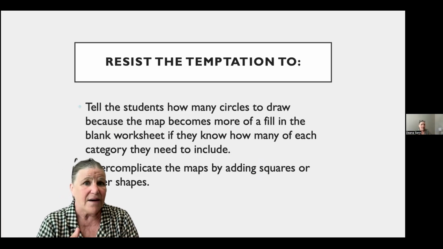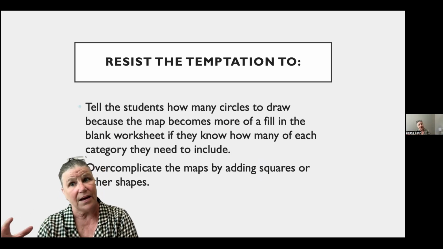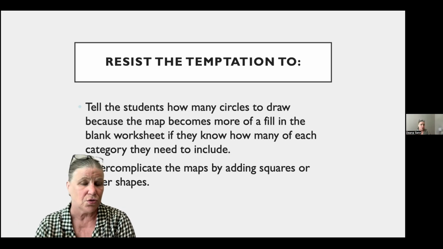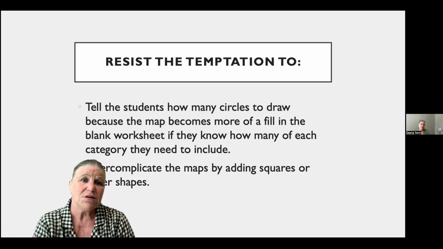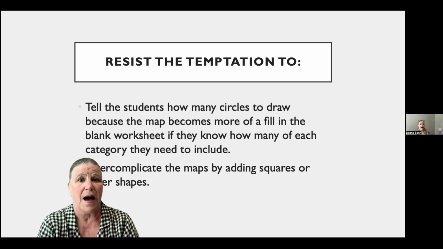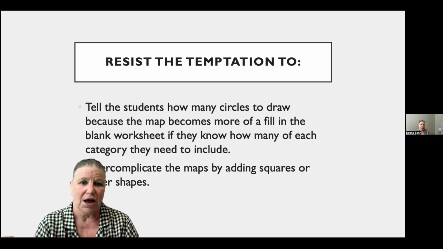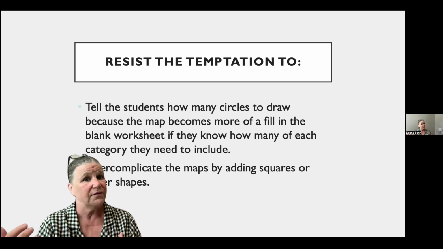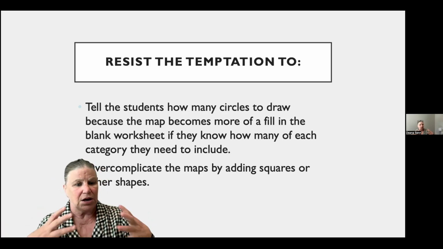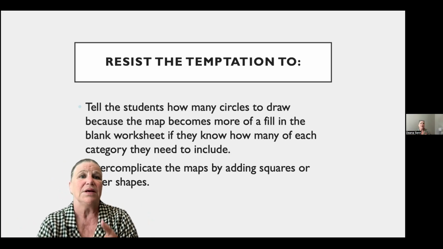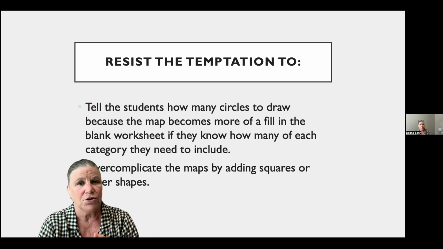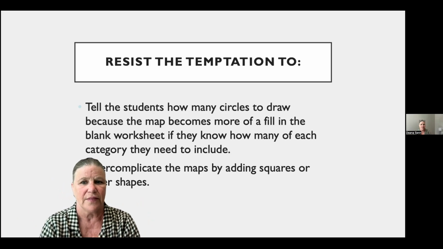Instead, have them think it out themselves. Ask them where in their resources they're going to find these answers, right? The other thing I would say is resist the temptation to overcomplicate the map by adding squares or other shapes. Our students who traditionally have not done well with this are going to get overwhelmed. And what we really want to remember is that the purpose of a double bubble map is to compare and contrast. So we want to keep them focused on that.